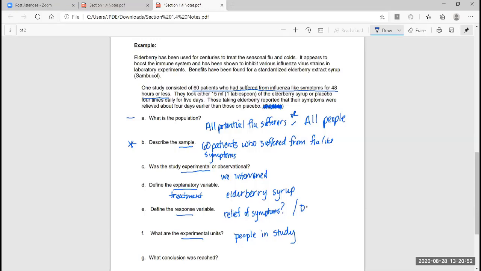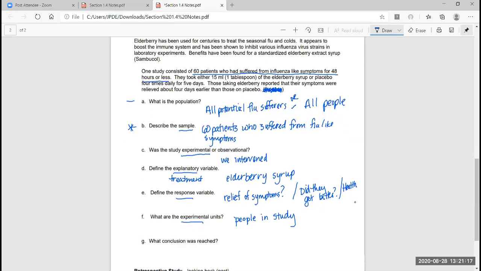We could say, you know, did they get better? We could say health. So the response variable is the result of taking that elderberry syrup. Did they get better or not? Did it work or not? Did it help relieve their symptoms?